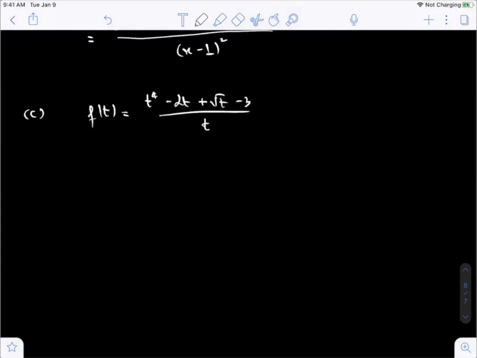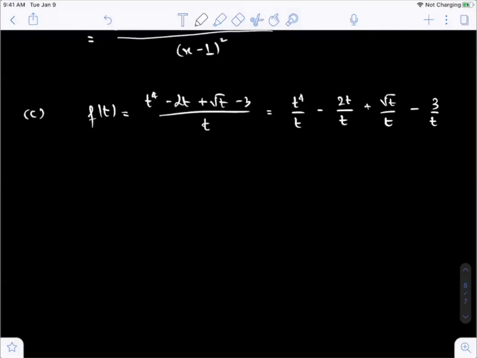It's not necessary for you to use the quotient rule. You can turn this into multiple fractions and take the derivative term by term. What do I mean by that? This is the big fraction. I can rewrite this as t to the 4 divided by t minus 2t over t plus square root of t over t minus 3 over t.